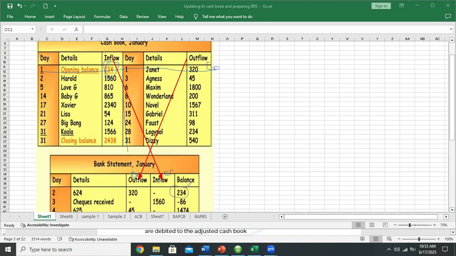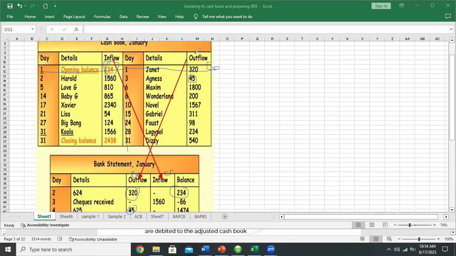234. Now you also realize that we have Janet here. We made payment to Janet 320. You come to the bank statement, you see 320 at the debit side. We also paid Agnes 45, right? And you see that 45 also here at the debit side.